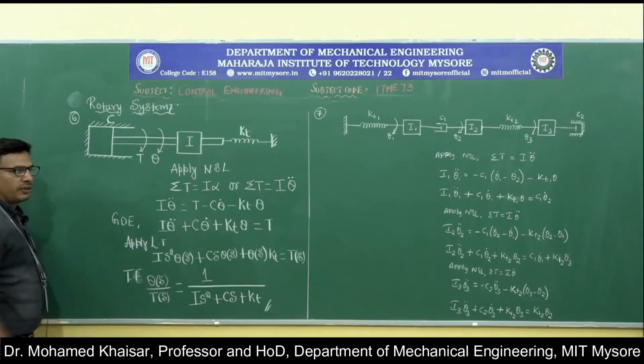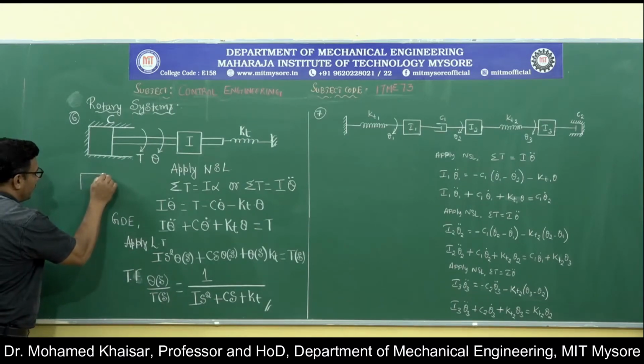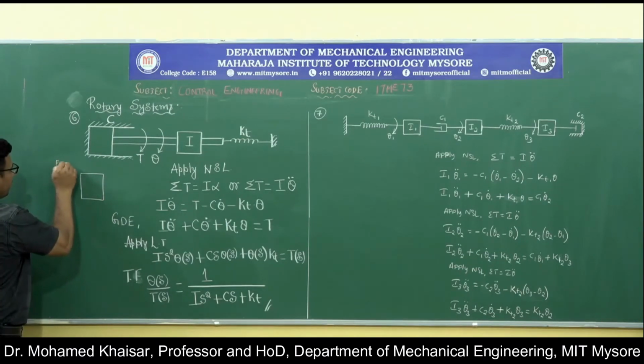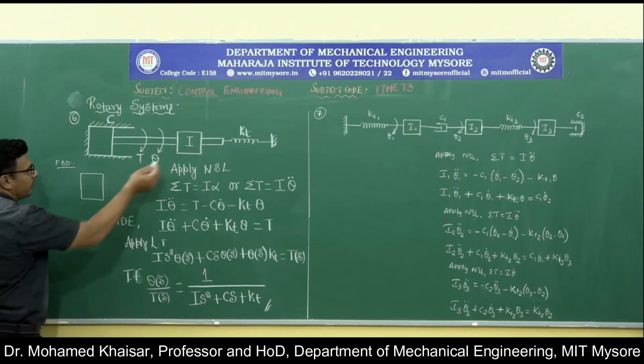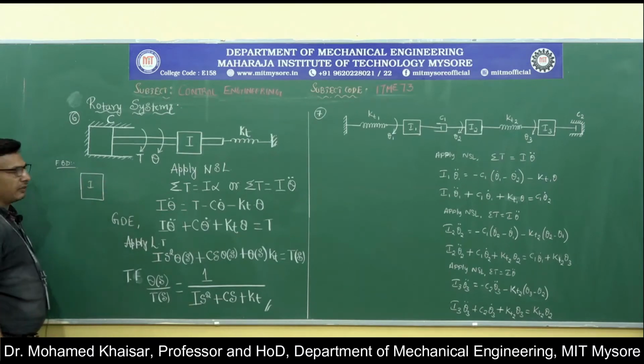Now, for the given rotary system, first we have to write the functional block diagram. That is the first step. The procedure does not change. In the functional block diagram, in place of mass it is I now, so I will write I as it is.